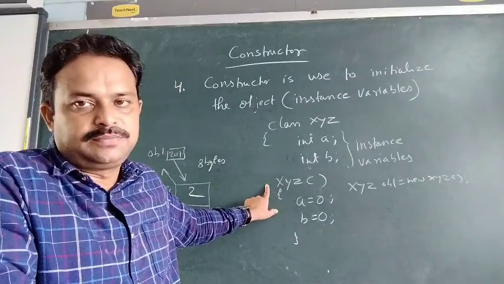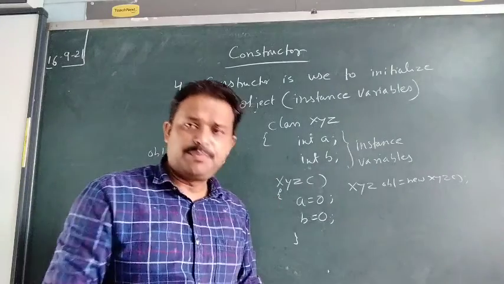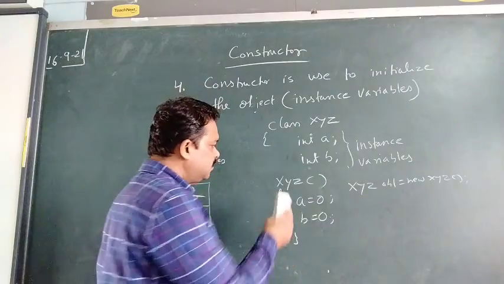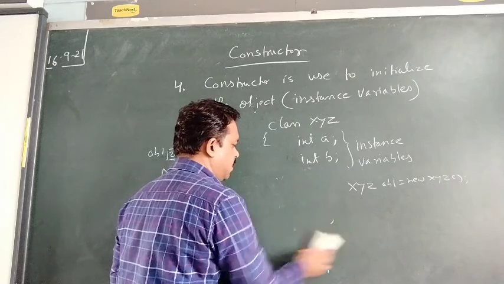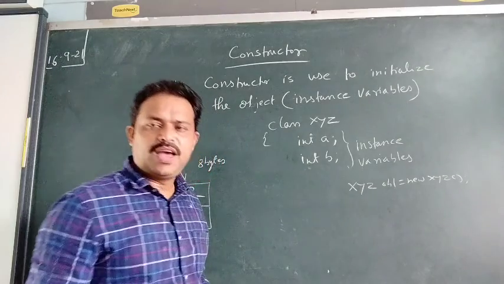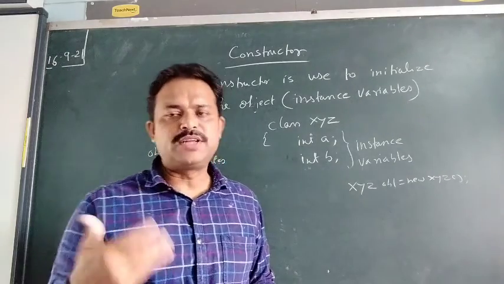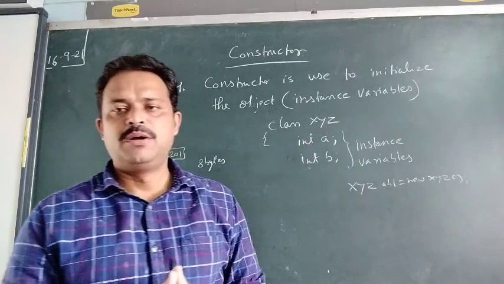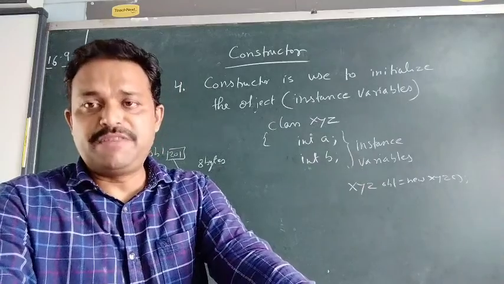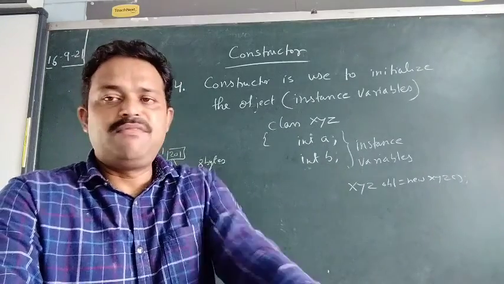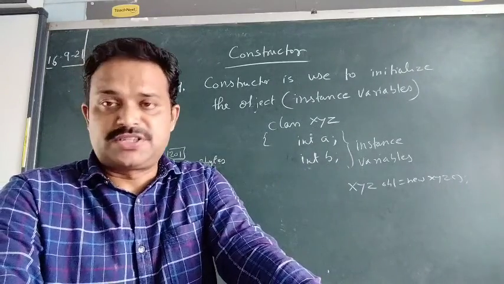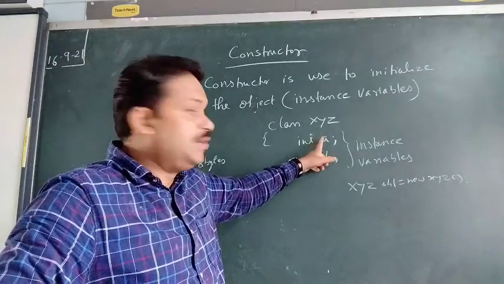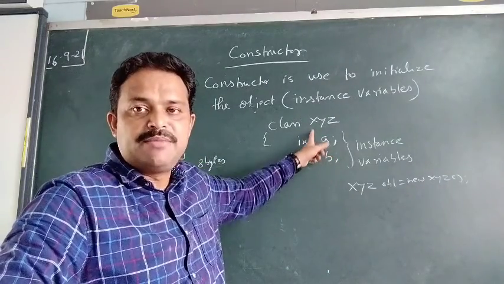Now one more important point to be noted down here, sir. We have come to know about the constructor, that we are making the constructor to initialize the variable. But before constructor also we were writing programs, and at that time we never made a constructor to initialize these variables.